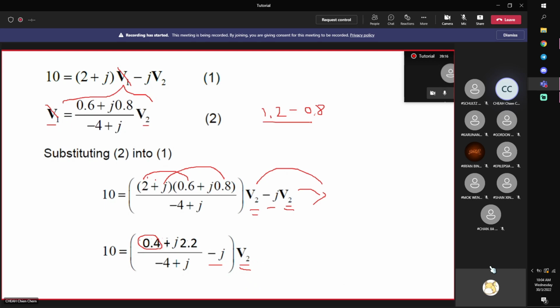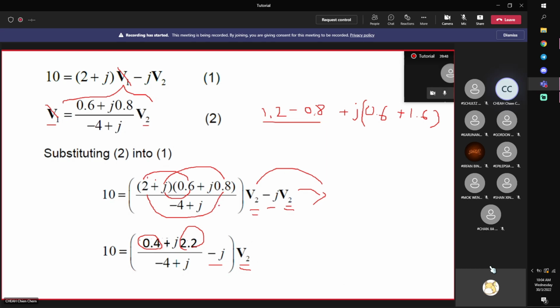So I multiply these two to get a real part. Then I multiply the other two. This multiplied by this, you get j0.6. But I also need to multiply this with this. I get another j1.6. So altogether 2.2.